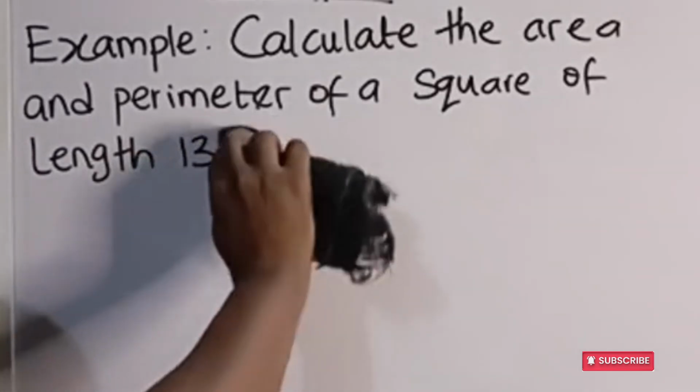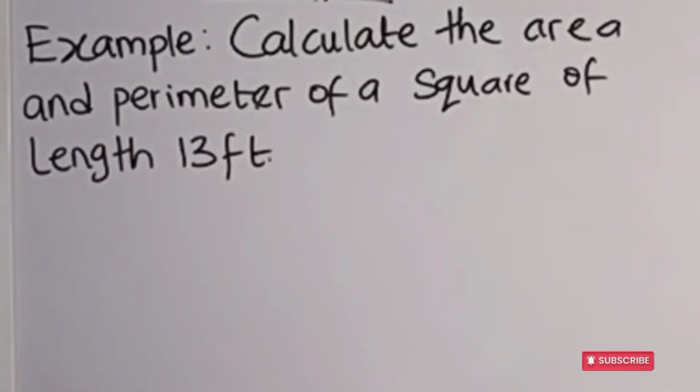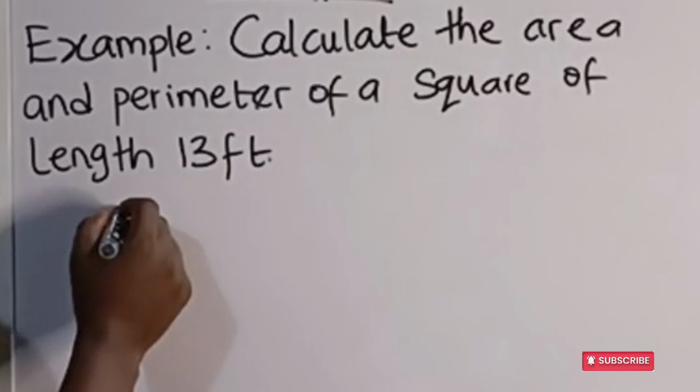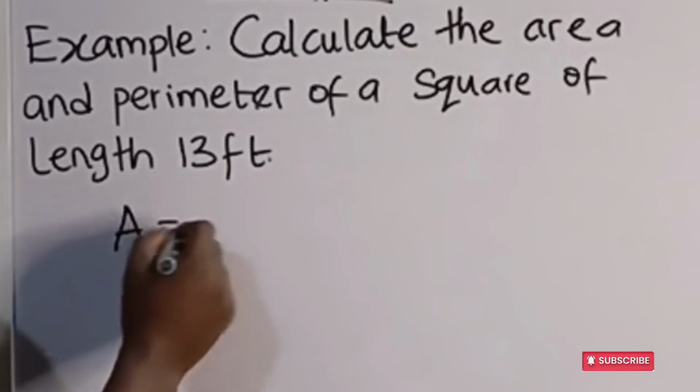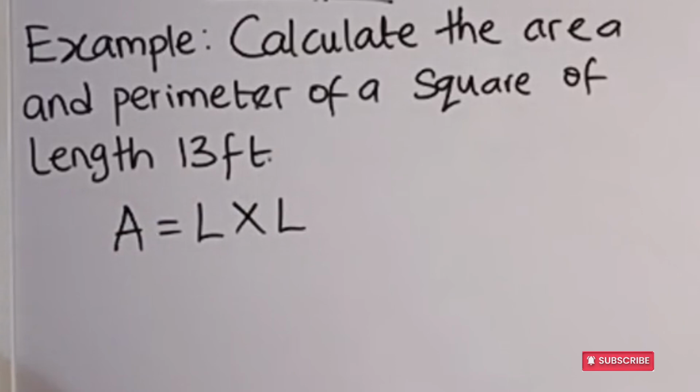Let's use feet. So we want to calculate the area and perimeter of a square that has a length of 13 centimeters. So we're going to apply the formulas. Area is equal to length multiplied by length.